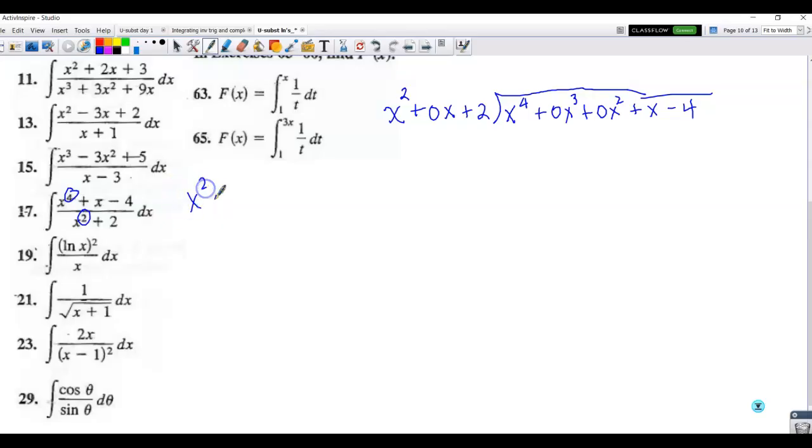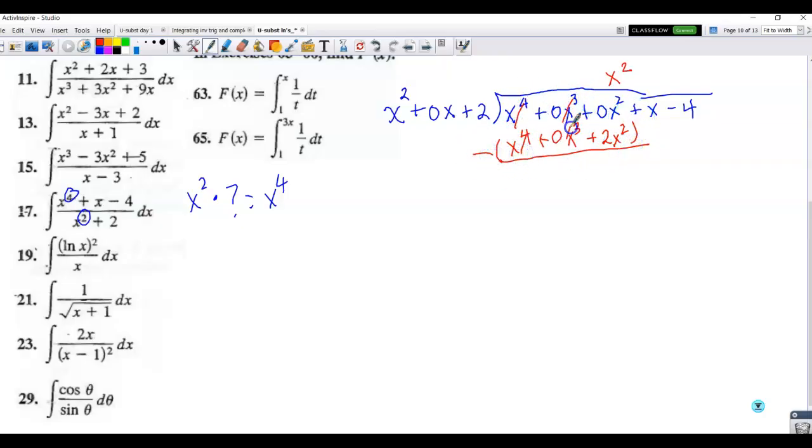So we have x squared multiplied by what gives me x to the fourth, and that is x squared, which goes over x squared. Multiply all three terms, and that's going to give me plus 2x squared, 0x cubed, and x to the fourth power. Subtract.